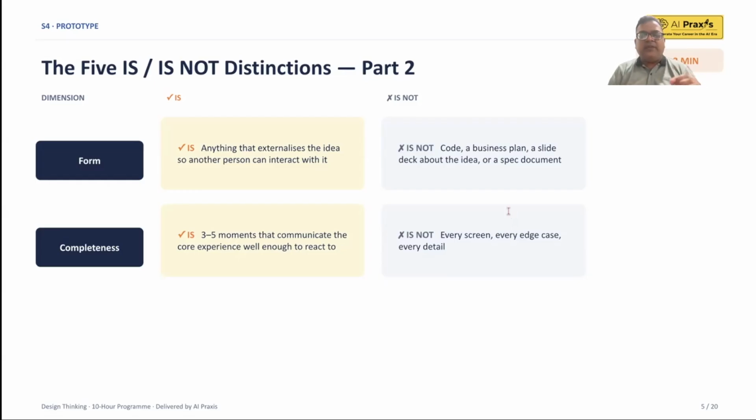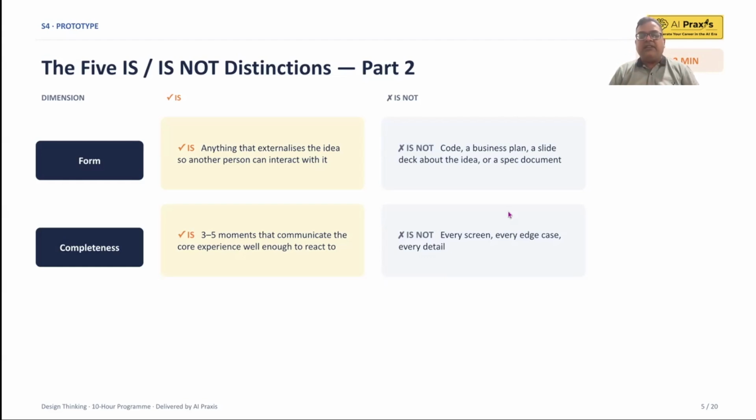Okay. A prototype is only the few moments that matter most, typically the 3 to 5 key interactions. It's not every feature, every screen, every exception, or every tiny detail. Imagine you're designing a food delivery app. You don't need to create restaurant registration, payment history, referral programs, customer support, and dozens of other menu screens.